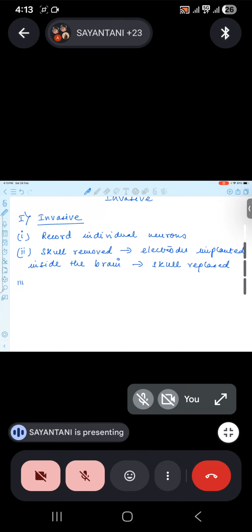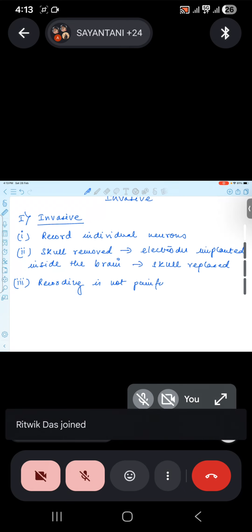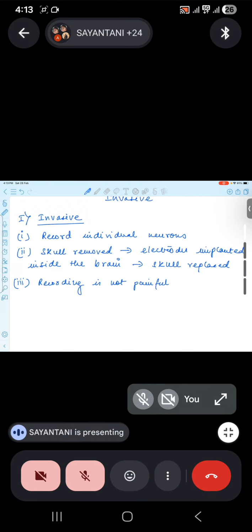So let's understand this. Once you have placed the electrodes on the brain of the subject, the recording is not painful. Why is it not painful? Because the brain has no internal pain receptors.